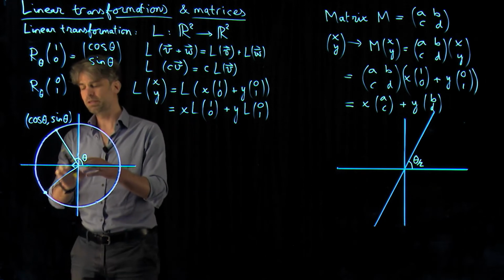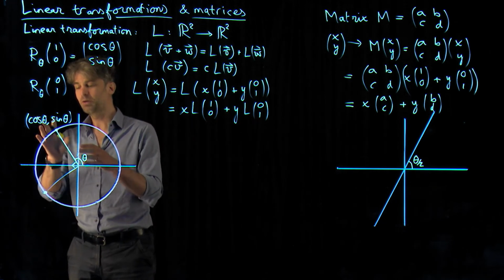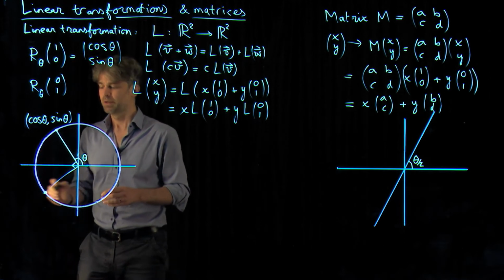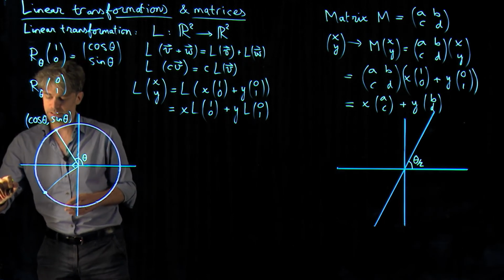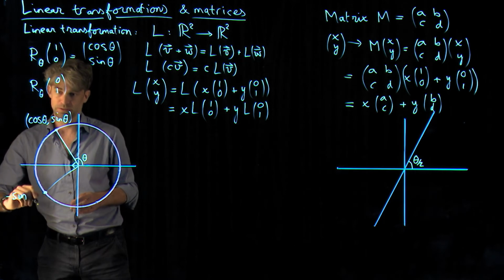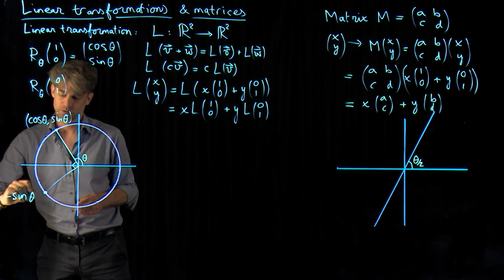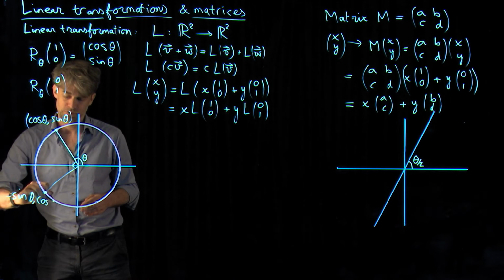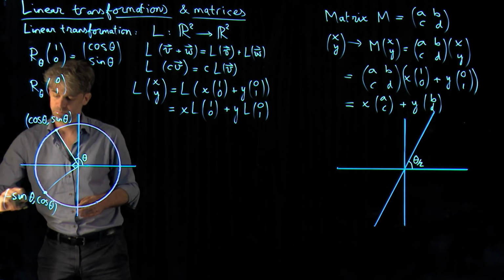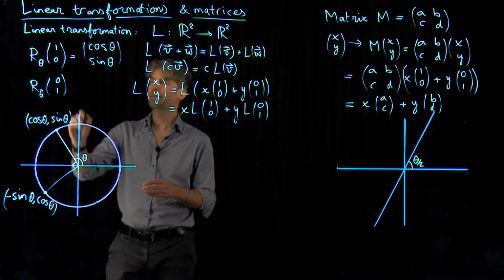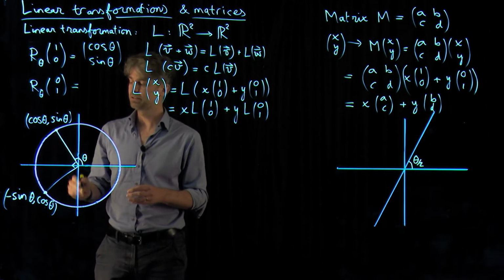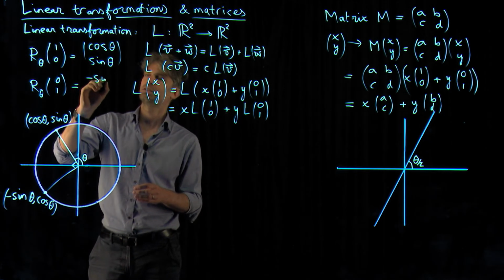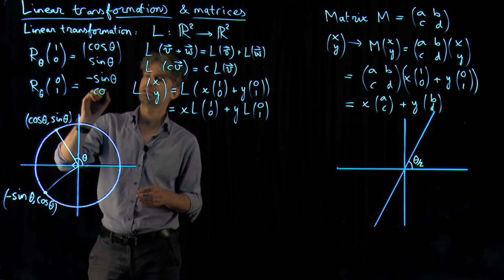So this will have the same coordinates, but shuffled a little bit, in the sense that we get minus the sine of theta, comma, the cosine of theta. There you go. So let's write that here as a column vector: minus the sine of theta, cosine of theta.